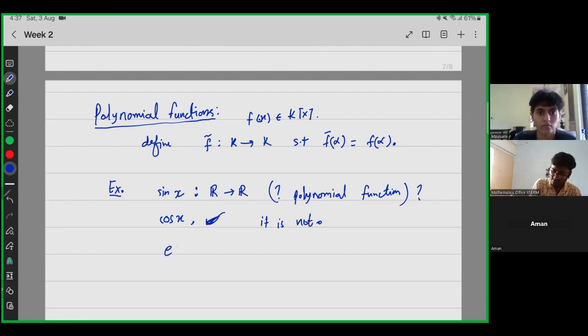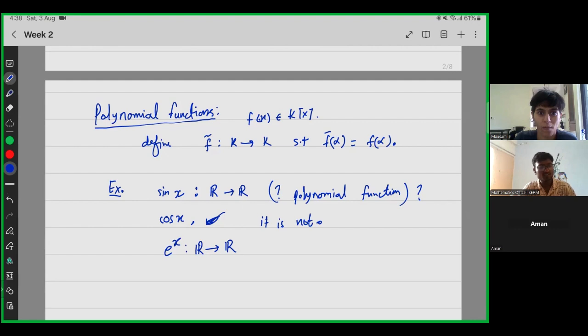What about e to the power x? It has, I think, no roots in R. So how do we discard this as a polynomial function? Can we use the fact that it has an infinite polynomial expansion, so it could not be some finite polynomial?